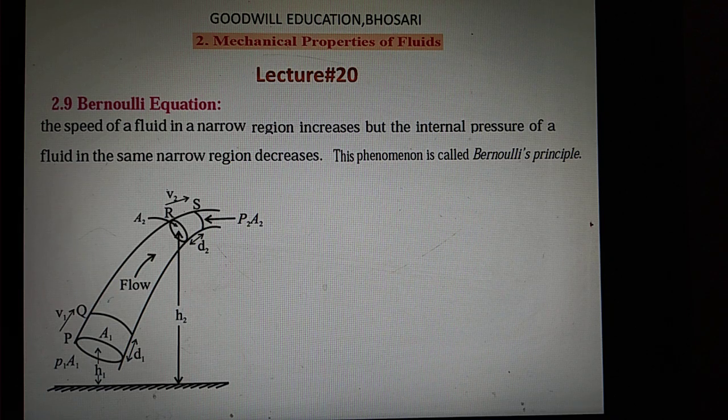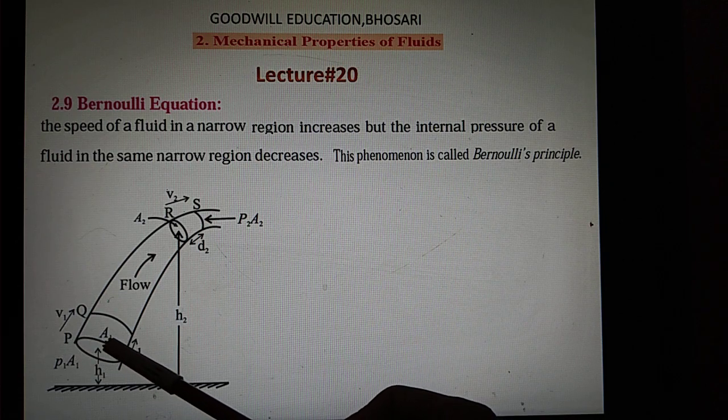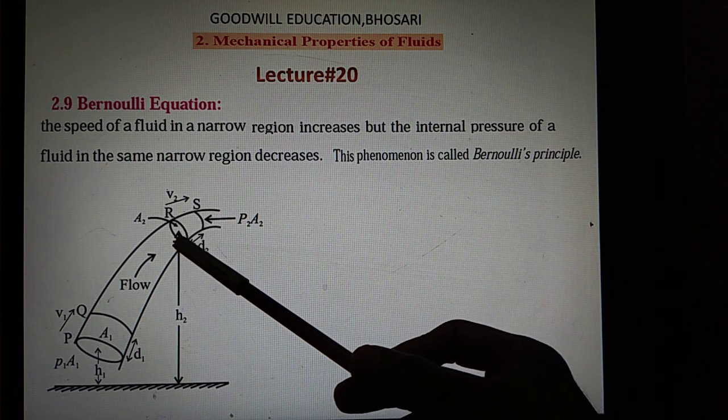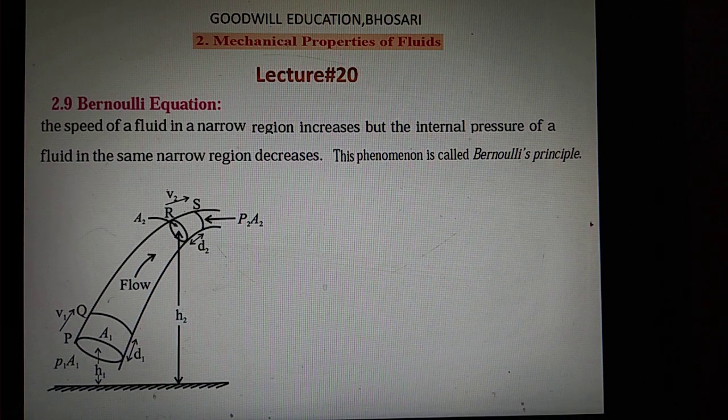Okay, and these two cross sections have different heights, this is h1 height, this is h2 height, and this is d1 distance, and v1 is the velocity, d2 is the distance when it travels from R to S here, and v2 is the velocity.